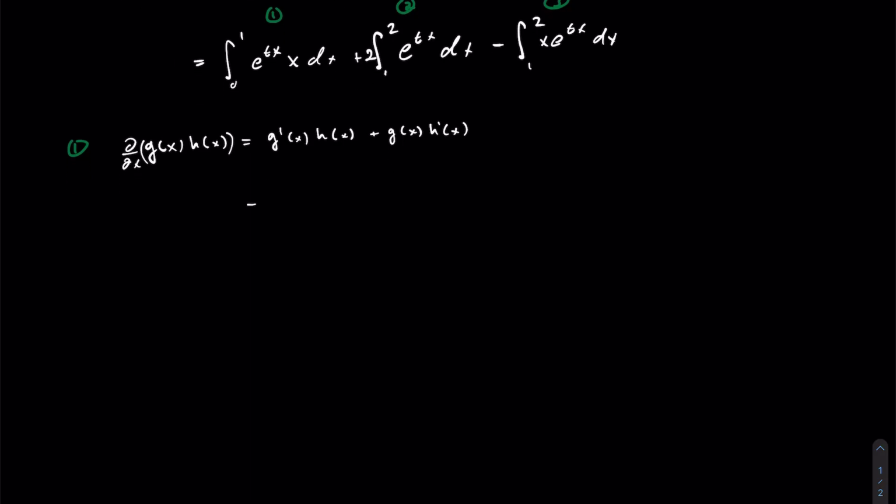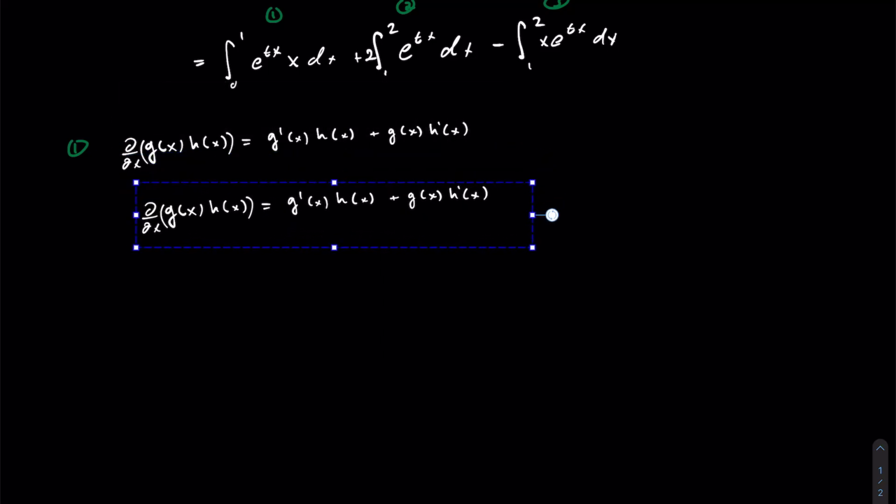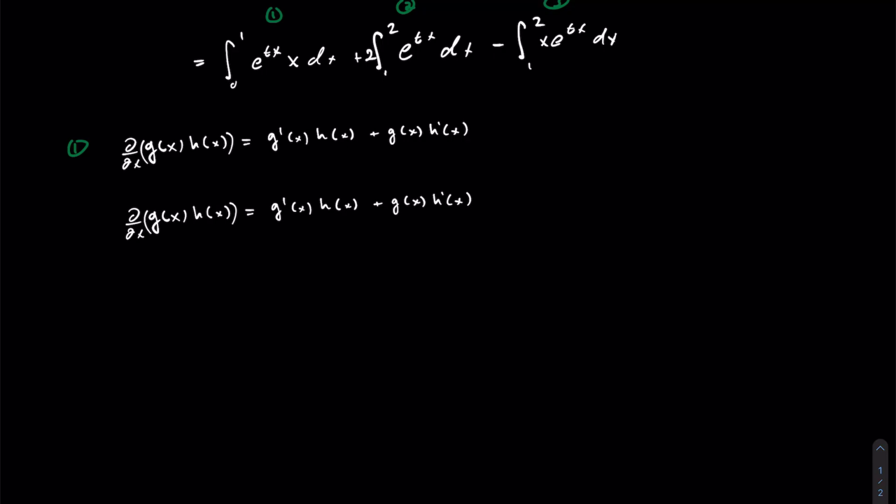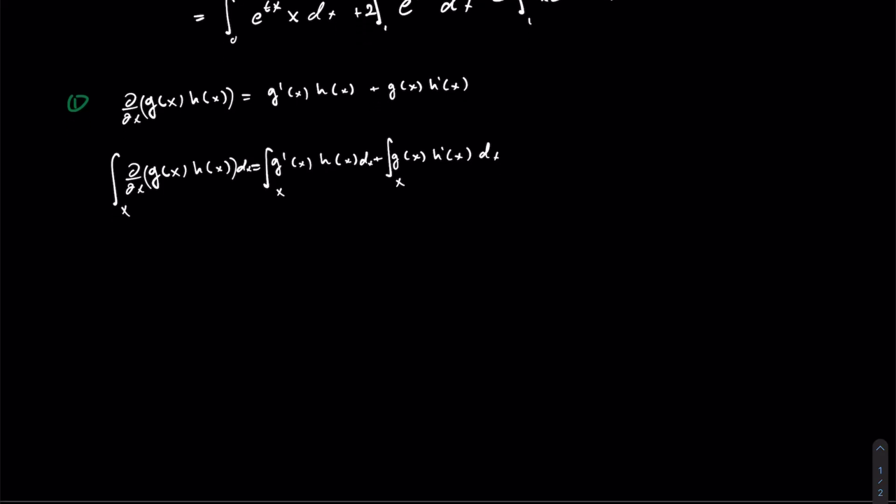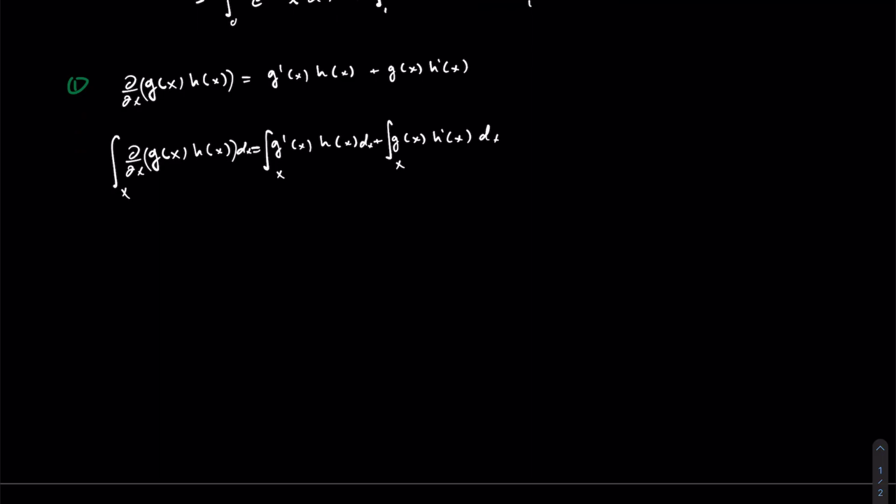And then in the next step, if we now undo this derivative, we take the integral over x, dx, integral here, dx, integral here, dx. And now we move this part to the left hand side, and we end up with this harder integral on the right hand side. That's the principle.